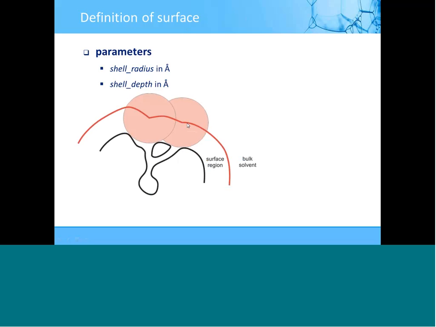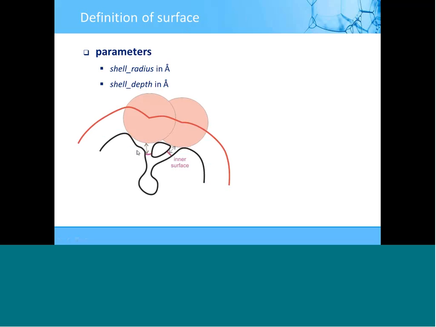However, such a surface would be very crude. To capture more details like surface grooves, funnel-like tunnel mouths, and so on, Caver employs this shell depth parameter to define the so-called inner surface at a distance from the surface of the shell probes.